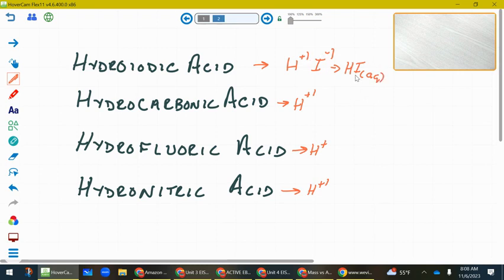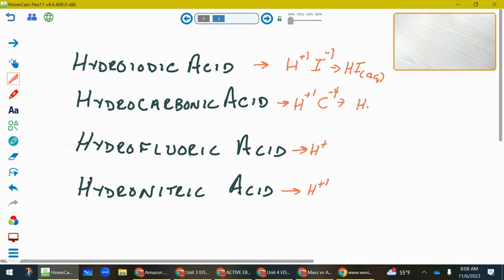Again, we will never put anything by the second element in an acid unless it's part of a polyatomic. Okay? So the only place there will ever be a subscript is by the hydrogen. Carbonic. What does the carbonic come from in hydrocarbonic acid? What's its charge? -4.